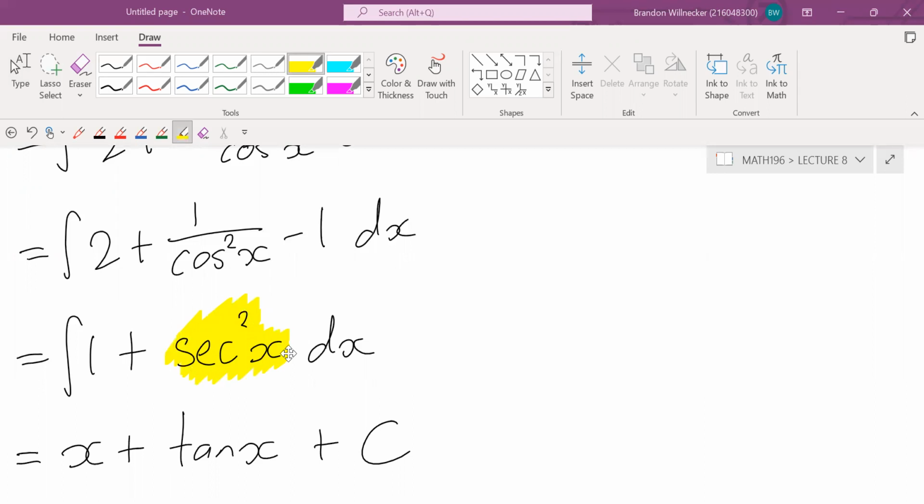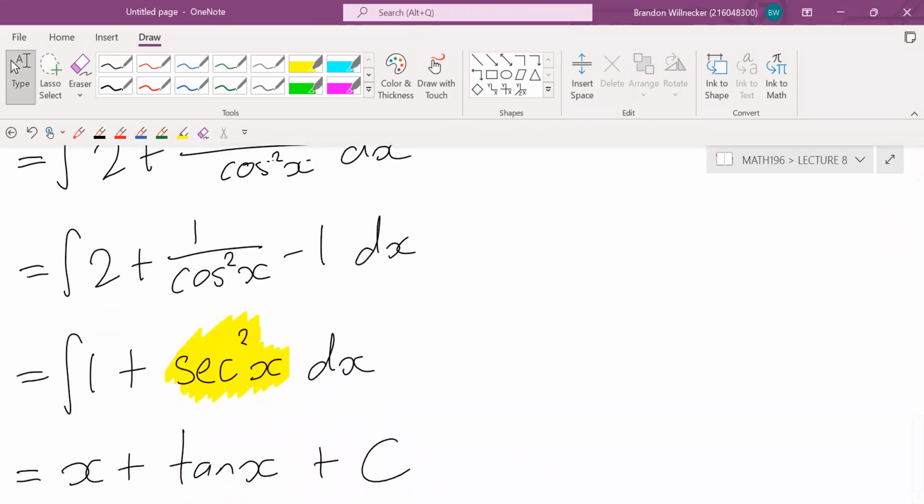Okay, so sometimes you need to use your trig identities to manipulate what you've got into something that you can then easily find the antiderivative of. Okay, but as you can see, it's not much work to get to where we need.